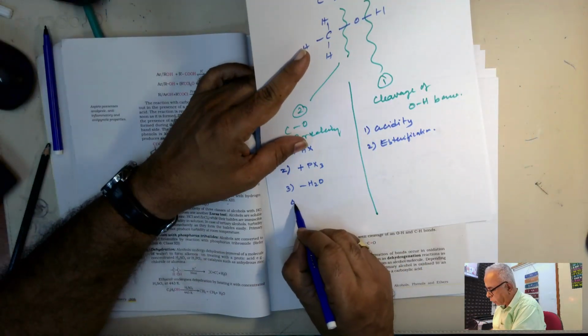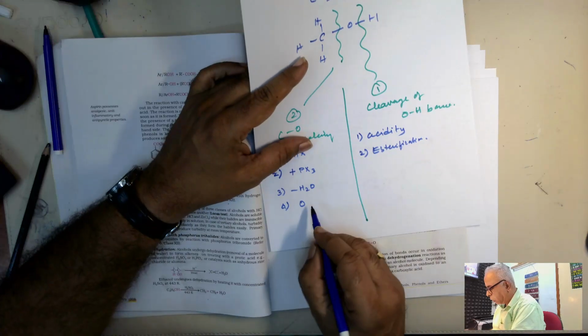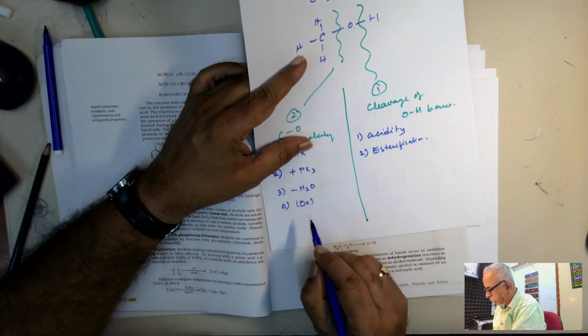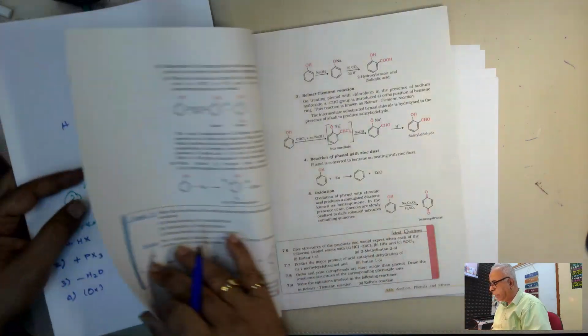Here you have got some mechanism. And you have got oxidation. What do you mean by oxidation? Addition of oxygen. So there must be some oxidation. That's all. Then we are exclusively discussing the reactions of phenol separately.